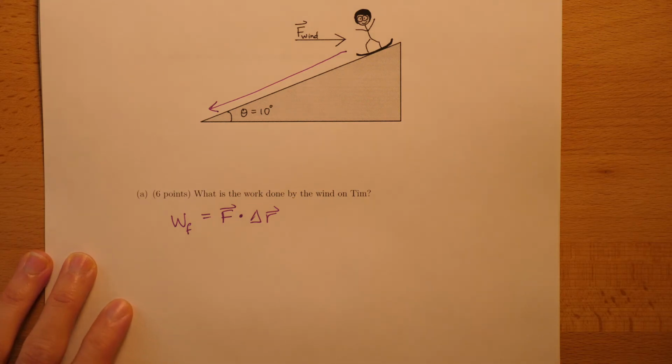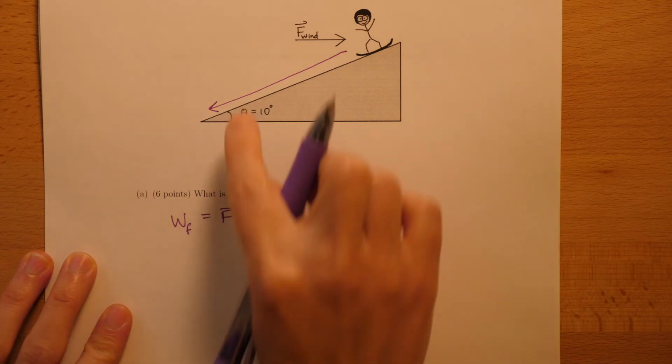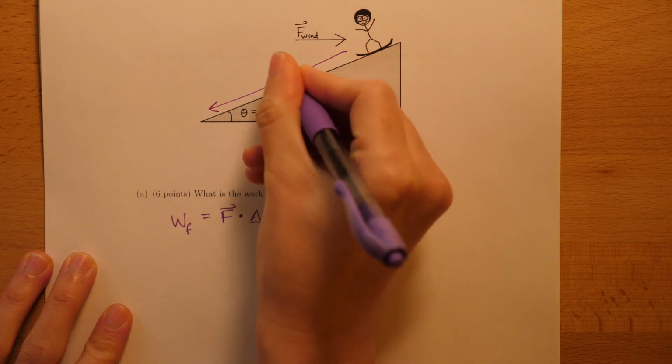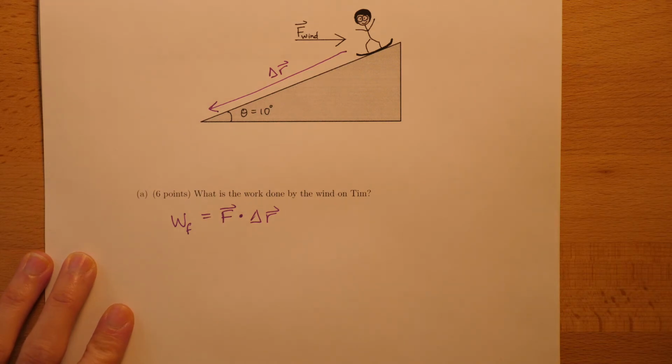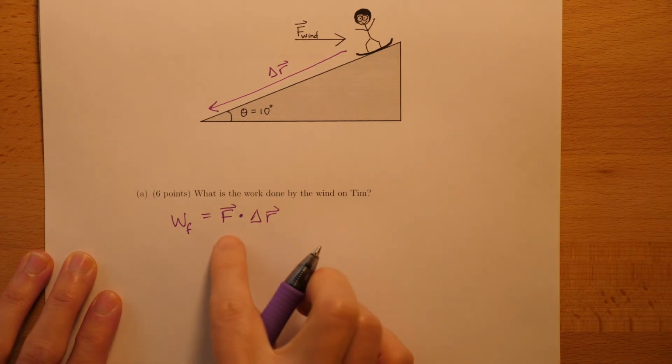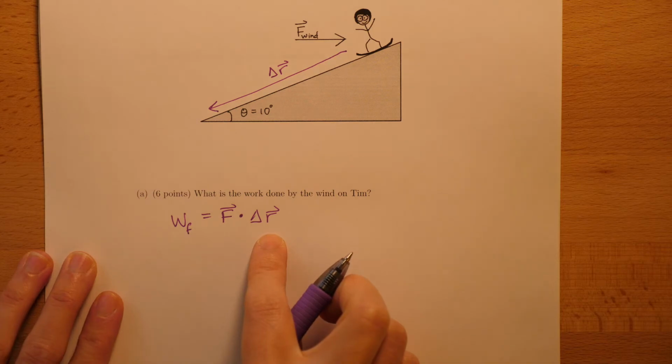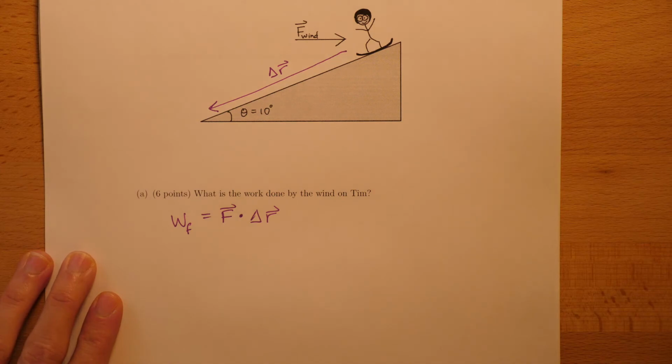So we need to figure out what these two vectors are, and we need to dot them. So how should we do that? Well, there are a bunch of ways to do it. One way is to find each vector and then take the dot product of those two vectors, component-wise. So let's do it that way.